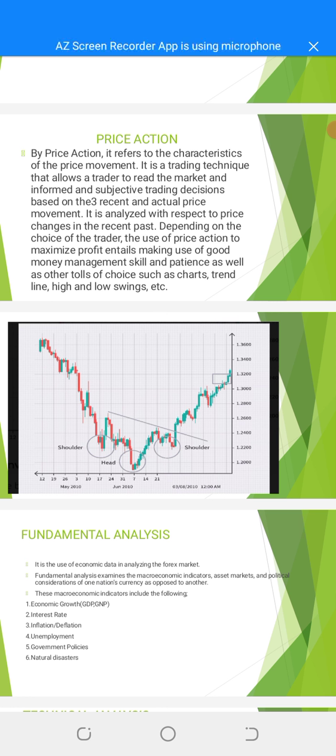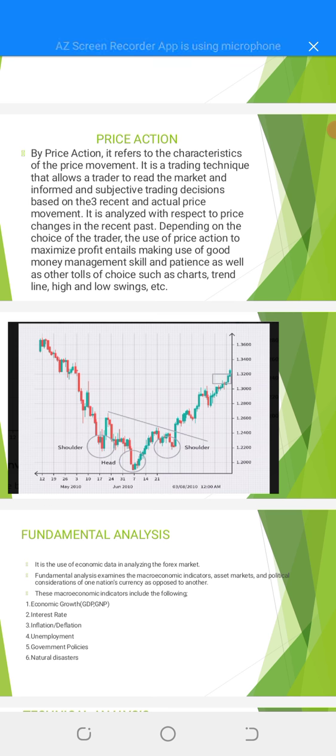It is analyzed with respect to price changes in the recent past. Depending on the choice of the trader, the use of price action to maximize profit entails making use of good money management skills, patience, as well as other tools of choice, such as the charts, the trend lines, high and low swings, and others.